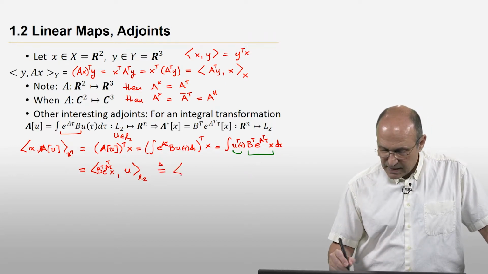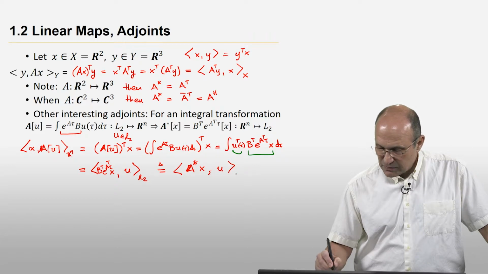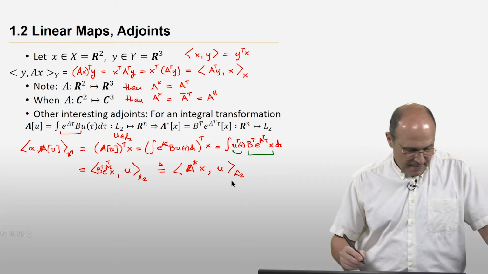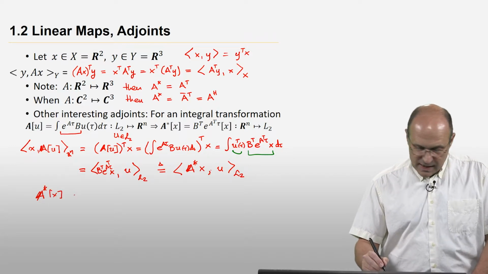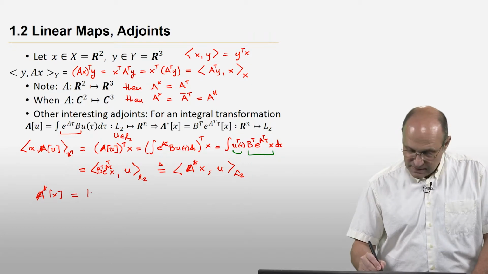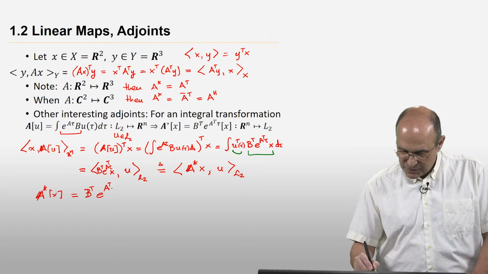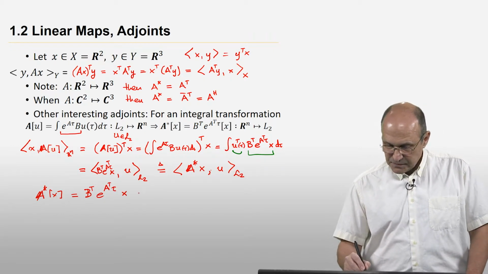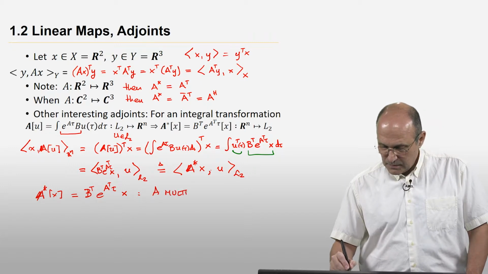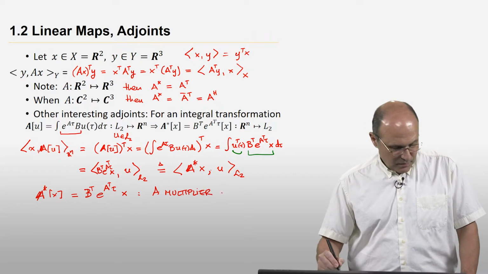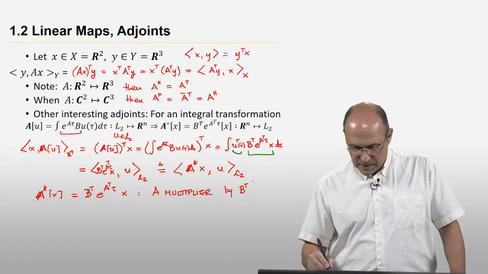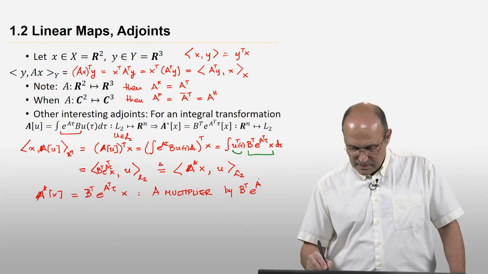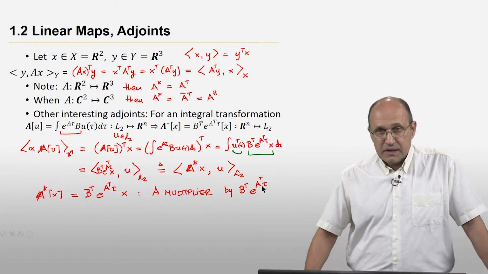And this is what I want to define as the adjoint map operating on x, inner product with u, and this is an inner product in L2. So A star operating on x, the adjoint, is B transpose e to the A transpose tau x, and it's a multiplication by this function B transpose e to the A transpose tau.